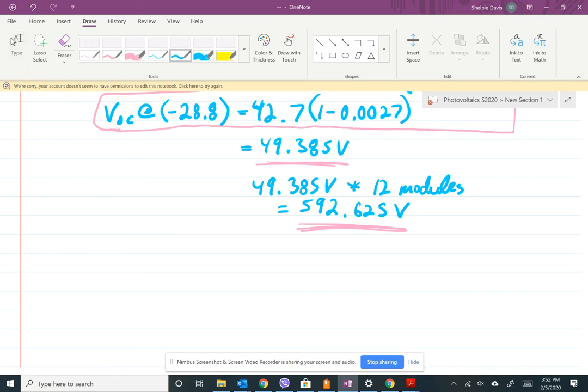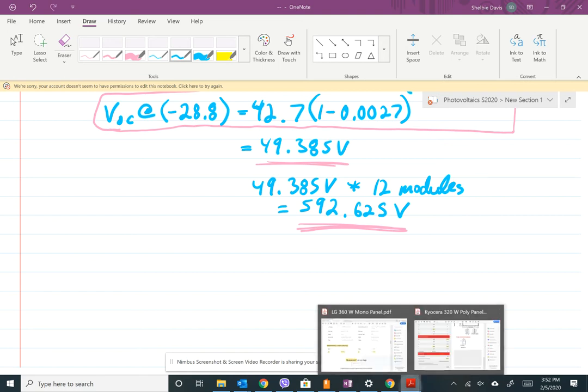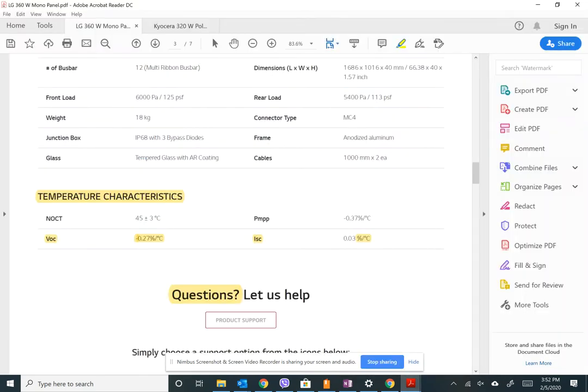So that means that we also have to figure out the max DC voltage. So we go to our spec here. Let's see if we can find it.